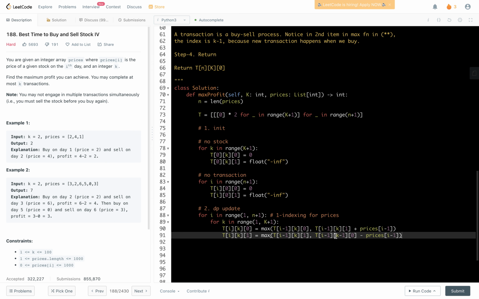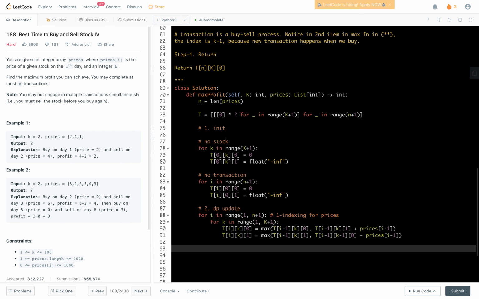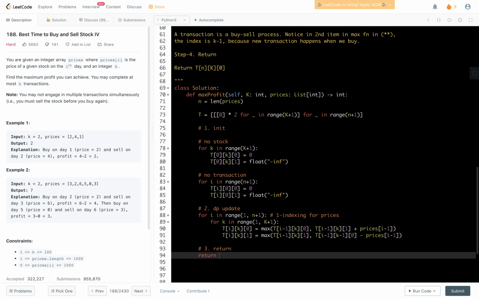So then we actually do a buy operation, and we spend this amount of money. A point to notice is that here this is k minus 1. This is very important. With that done, we finished the DP update.